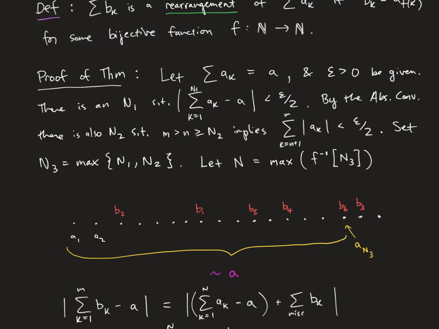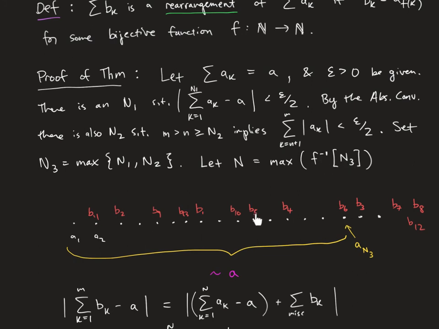So look at this picture. We have b1, 2, 3, 4, 5, 6. Maybe b7 and b8 are out here somewhere, and then we have b9, b10, b11, maybe b12 is out here somewhere, b13. We keep going like this, and we're just keeping track of which of the b's are covering the a's. That's this f inverse of the N3 set.